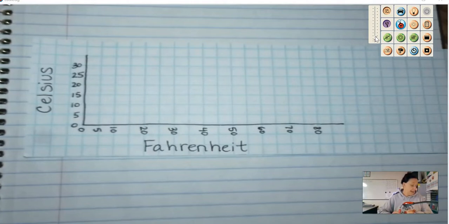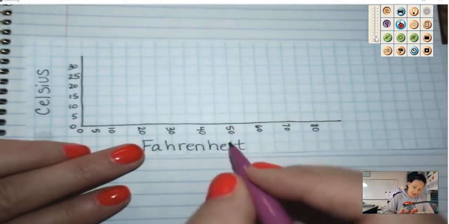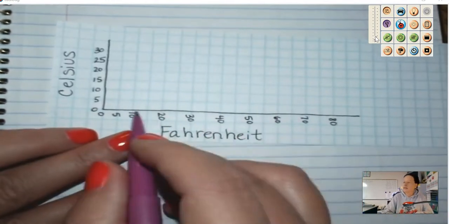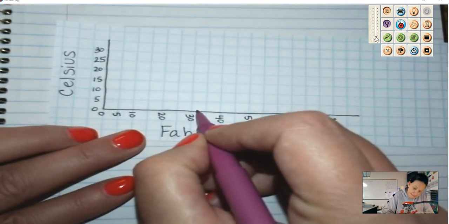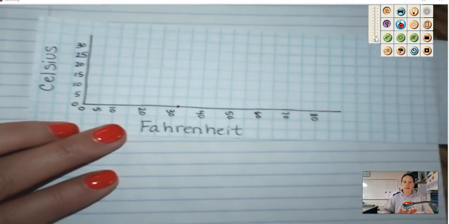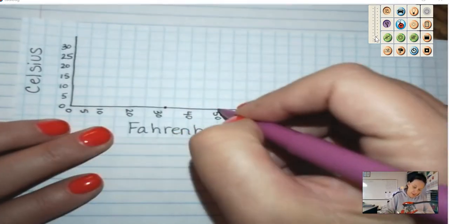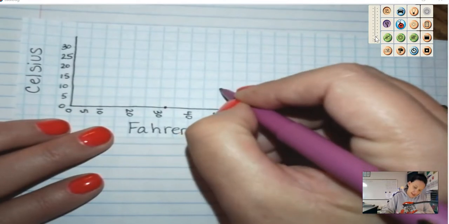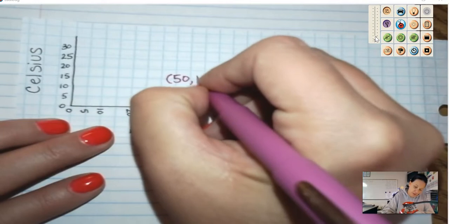Okay, it is going to hit the x-axis. I would say it looks like it's at 32 or 33. So on the x-axis, find 32, 33-ish and put a dot. The two exact points we are going to hit are 50, 10: 50 on the x-axis, 10 on the y-axis.